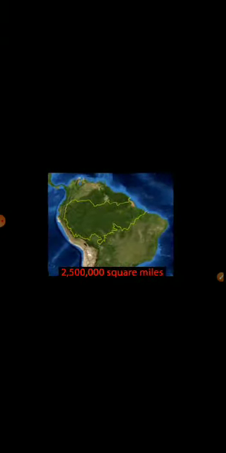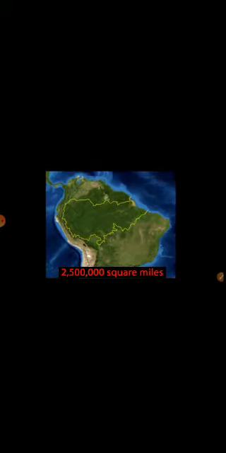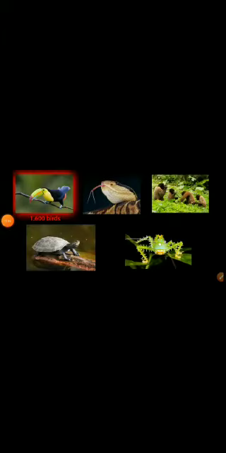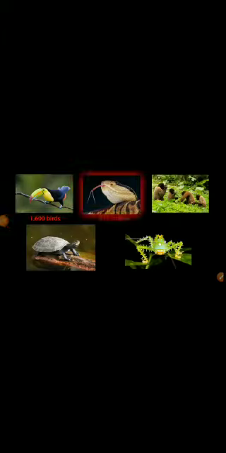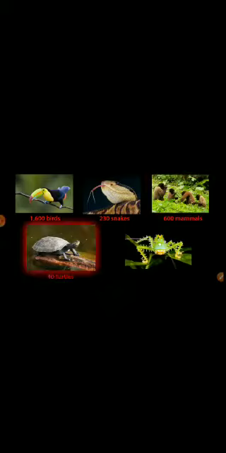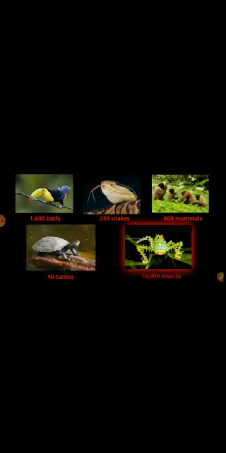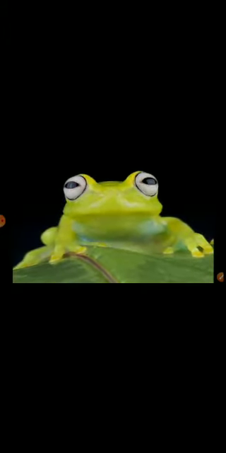The Amazon rainforest is about 2.5 million square miles, a bit smaller than the 48 states of the U.S. Species of birds, 230 kinds of snakes, 600 different mammals, 40 different turtles, and 70,000 kinds of insects. Many of these species can't be found anywhere else in the world.